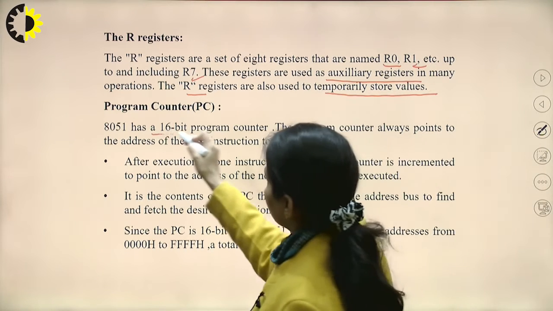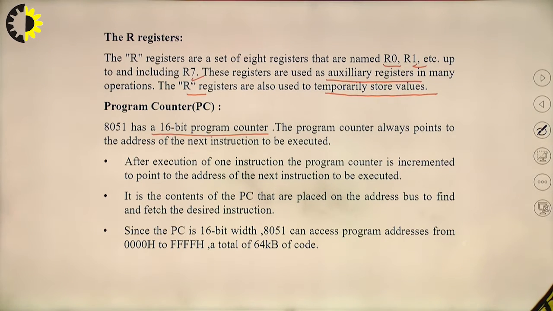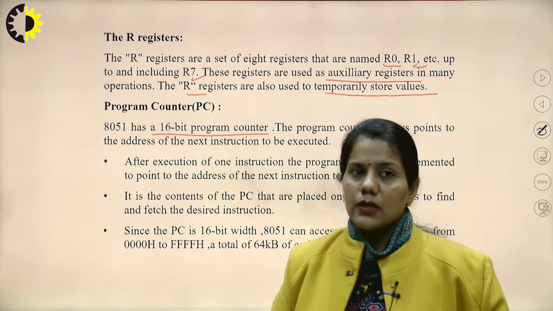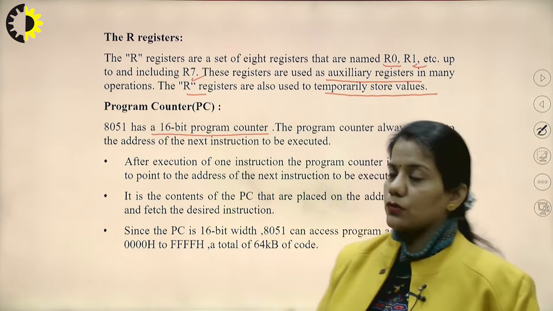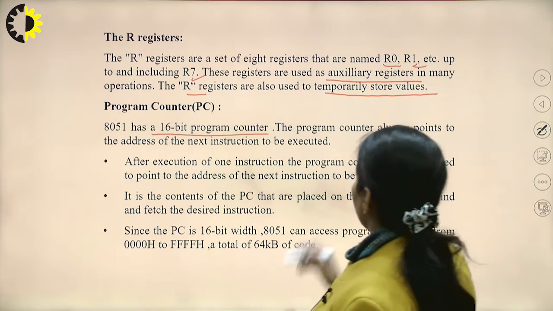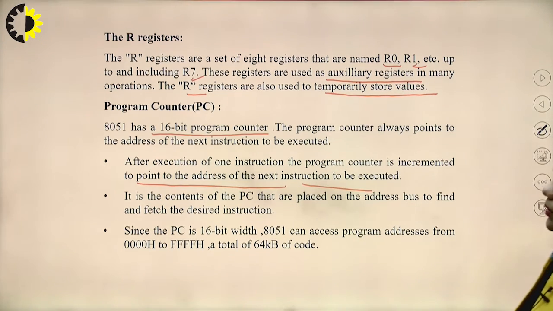Program counter is a 16-bit program counter. It always points to the address of the next instruction to be executed, as we all know. Similar to 8085 and 8086, here also the program counter is always holding the address of the next instruction to be executed. After execution of one instruction, the program counter is incremented to point to the address of the next instruction to be executed.